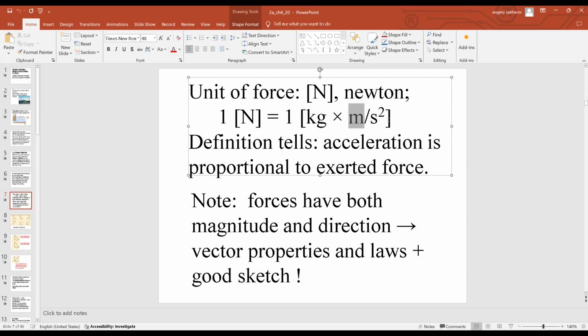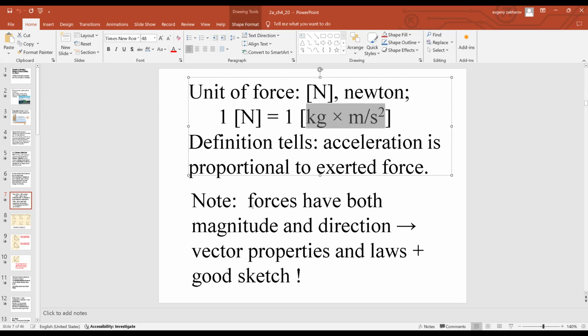So acceleration is directly proportional to the force. And you can see how other parameters, other units can be represented as a combination of base units. Remember, we have base units, kilograms, meters, and seconds, and other units are just combinations of those base units.